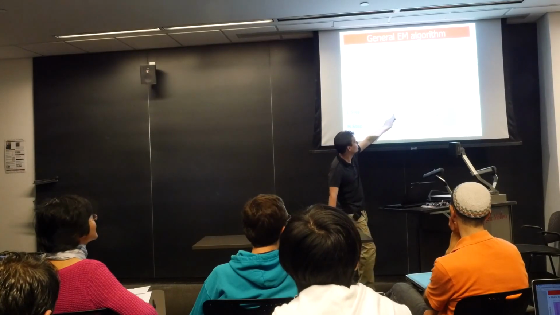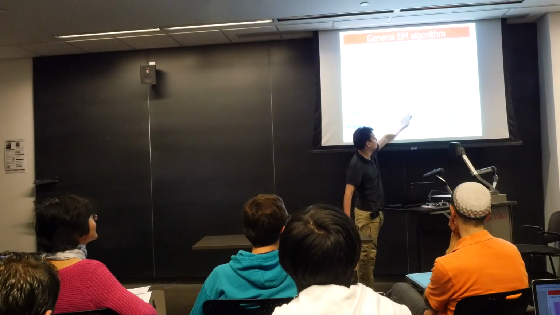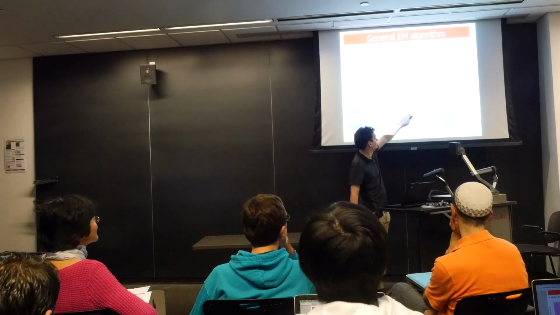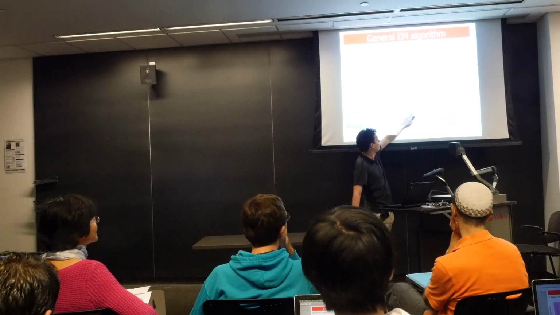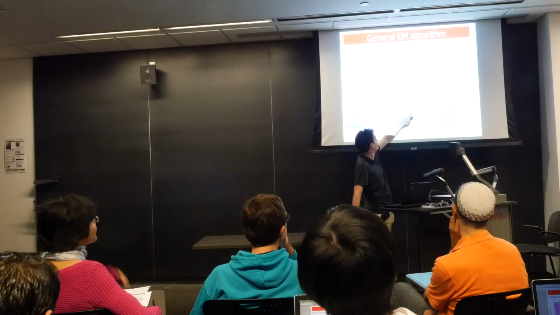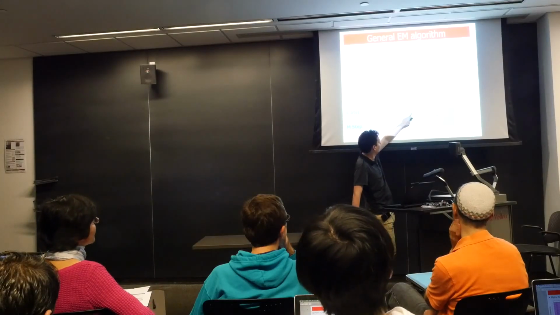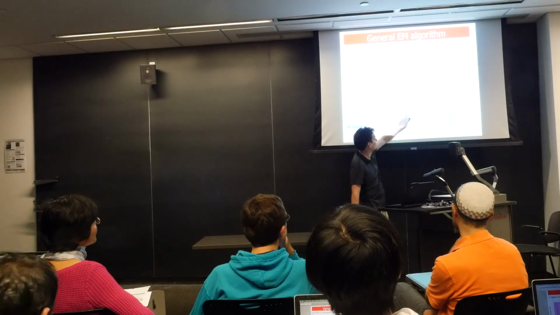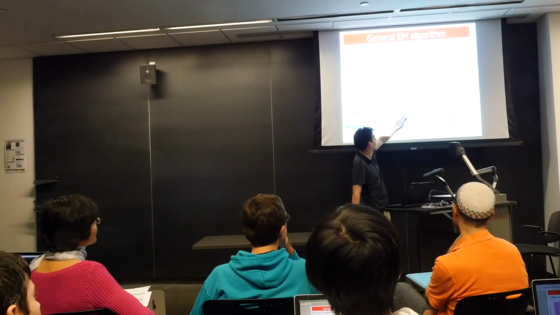And what you do is you take the log of the joint density of the hidden random variables y, so they are the cluster labels in our case, and we have the data. Those are the x's. And given the parameters at time step t, you take the expected value of this log likelihood with respect to y.